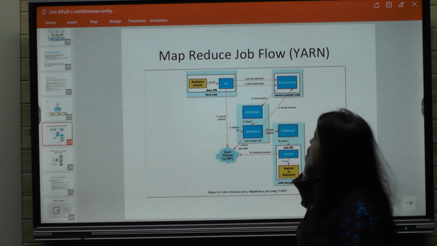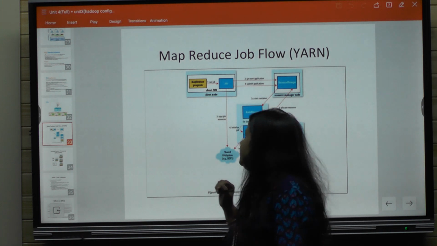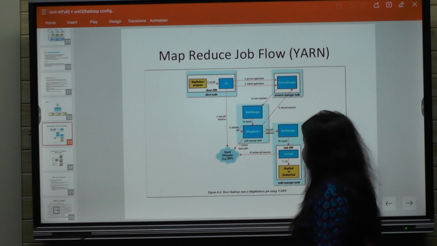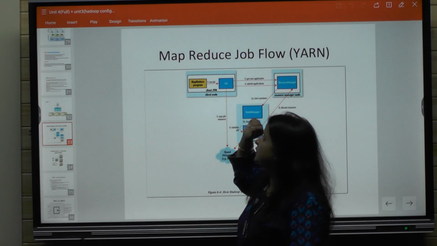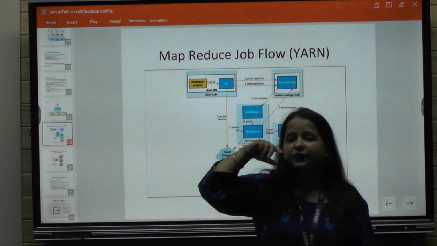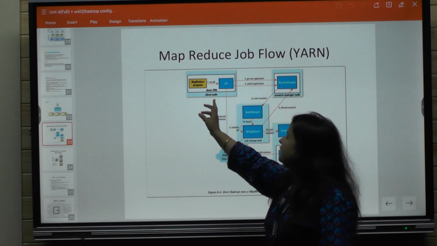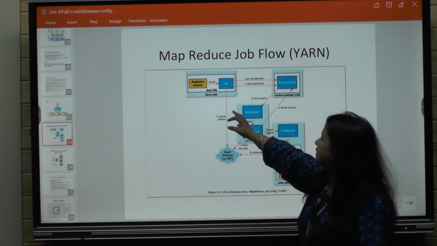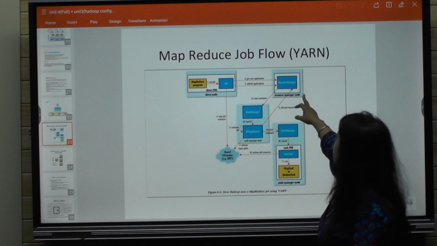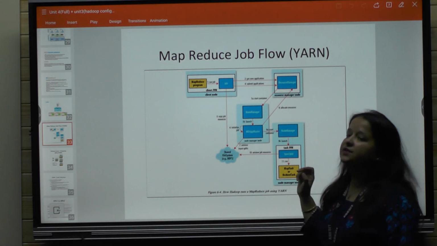This is the anatomy of job run in MRv2. First, as we compared it with the anatomy of job run in MRv1, there were three entities in MRv1: client node, job tracker, and task tracker.